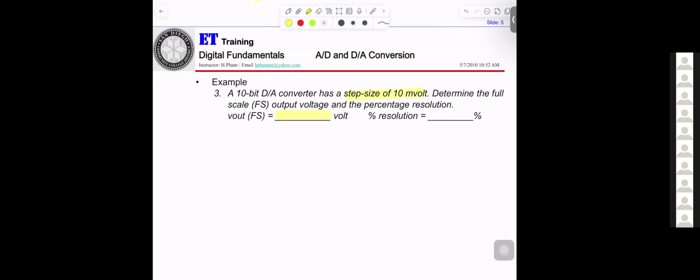We want to know how many volt full scale. 10 bit, 2 power of 10, 1024. So to calculate the output voltage, you have to know how many steps.